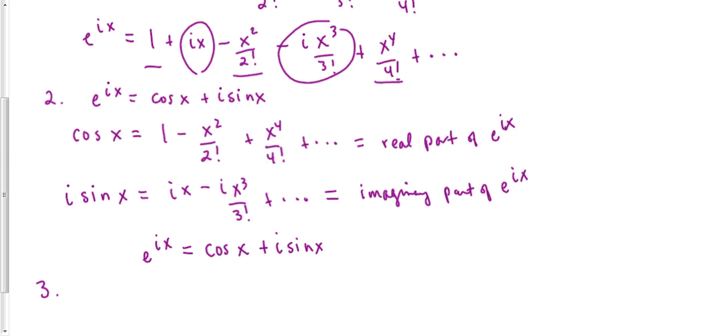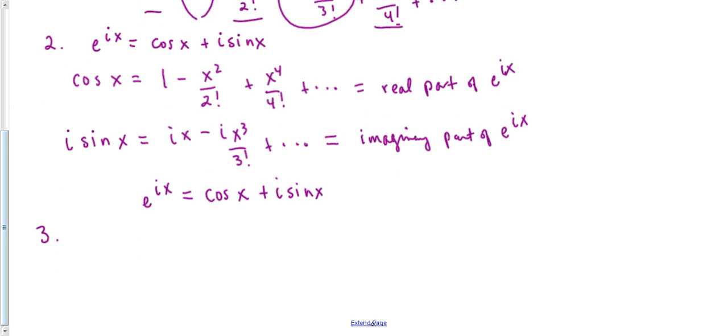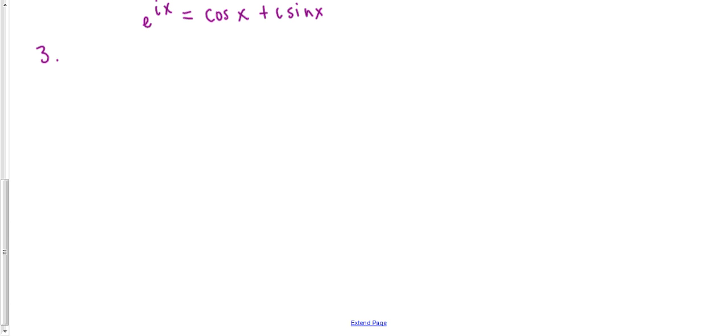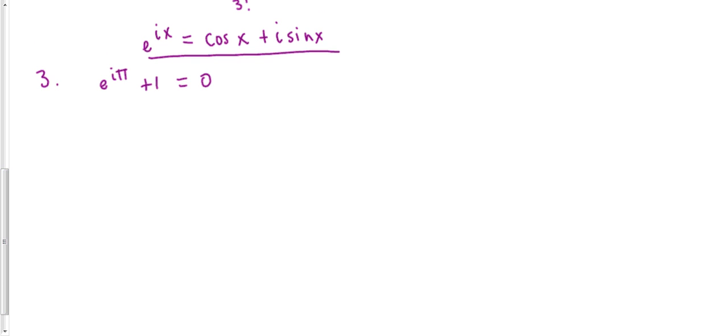And then we can move on to part 3, which says use Euler's formula to prove that e to the i pi plus 1 is equal to 0. So let's give ourselves a little more room here. And we want to show that e to the i pi plus 1 is equal to 0. Well, we're going to use Euler's formula, which is sitting right here, and use that to expand e to the i pi.